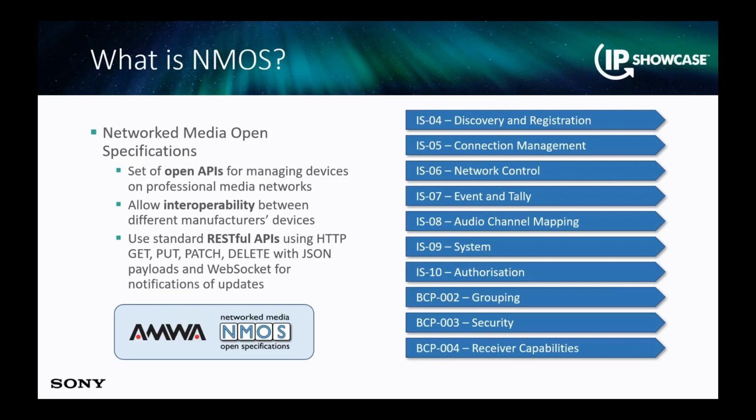So those standards are very well defined for the data network, for the data plane of the network. For the control plane, we use the NMOS specifications to do things such as discover devices when they're first plugged into the network and be able to make connections between them. And the advantage of NMOS, one of the advantages, is they're completely open specifications. They're available on the internet for free.